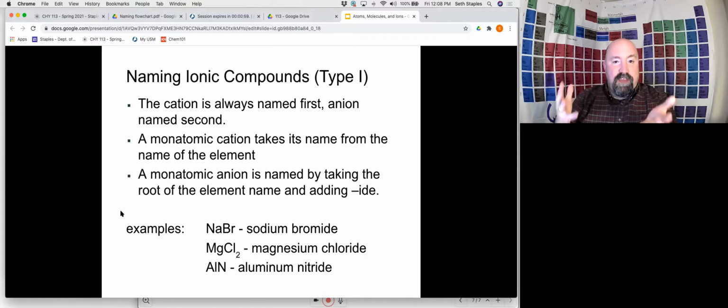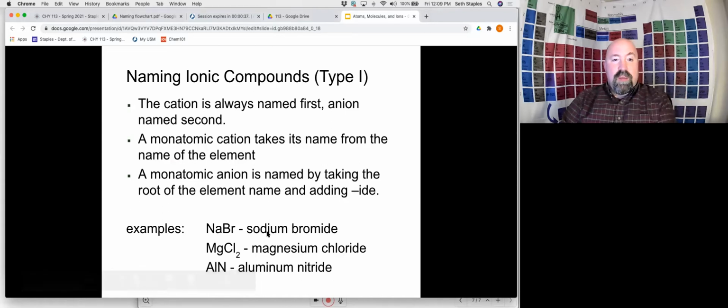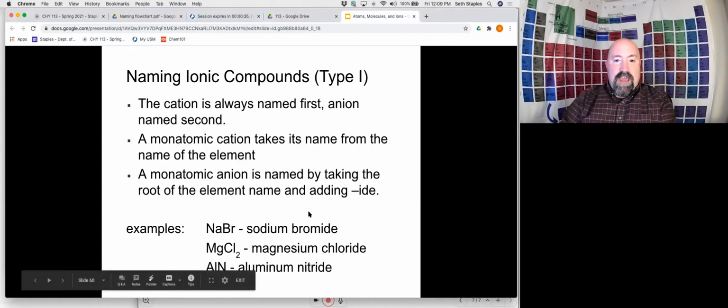And in simple cases like this, if we have simply two monatomic ions coming together, then all we do is use the name of the ions. And so sodium, remember the sodium 1+ ion, cations are just the name of that element, so just sodium. Negatively charged anions, now we modify the name.